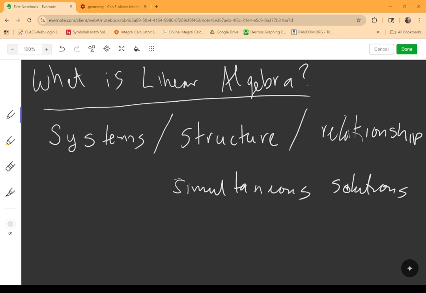Now here we're going to focus on the linear part. When we say linear, we don't necessarily mean a line, although it can be if we're dealing with equations in two variables, where graphically that would be a line. But for more variables, the line concept really doesn't geometrically follow.